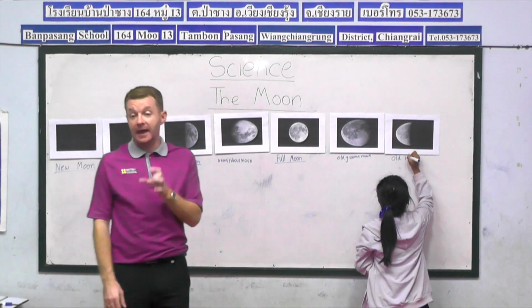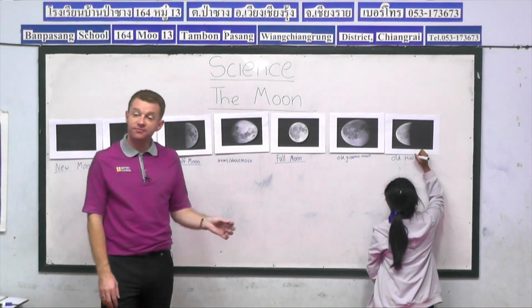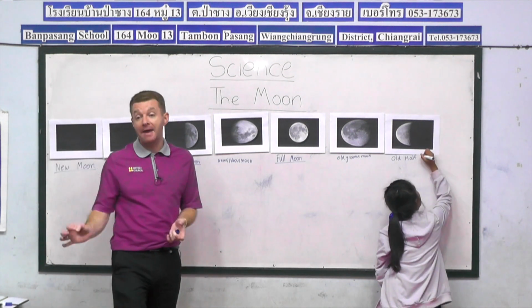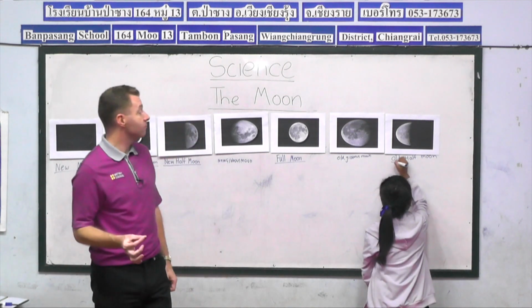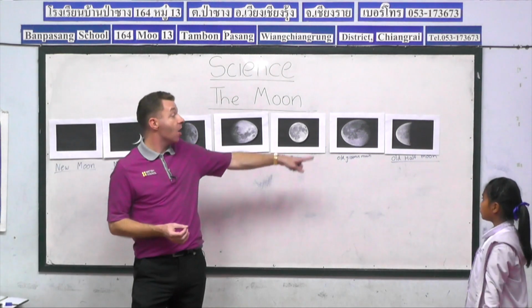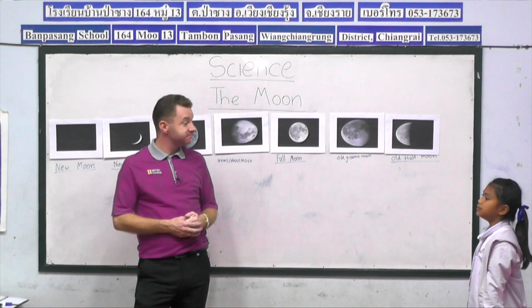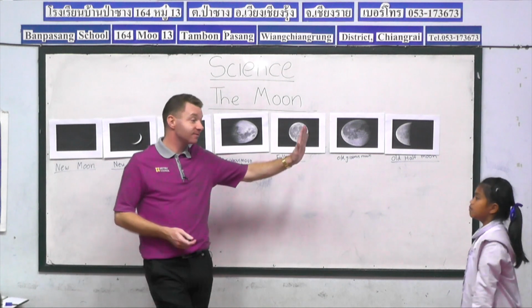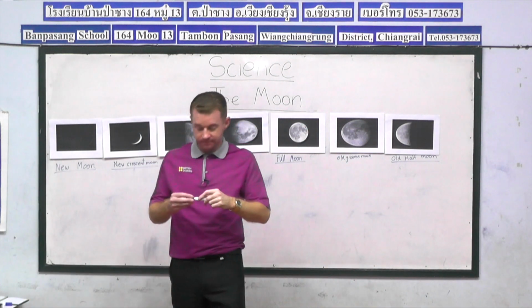Half, H-A-L-F. And moon, M-O-O-N. Brilliant. So we can say together, old half moon. Yes, and Pak Bung, that was brilliant. High five and a big round of applause for Pak Bung, please, guys.